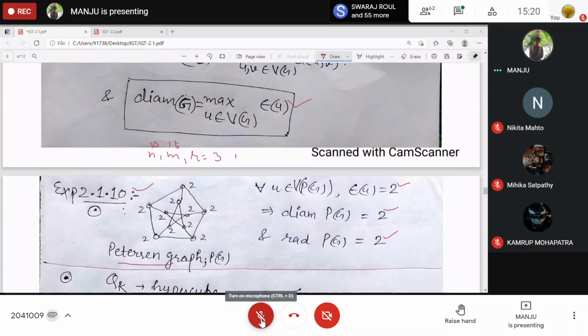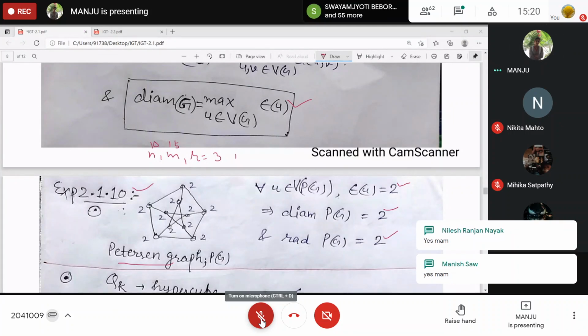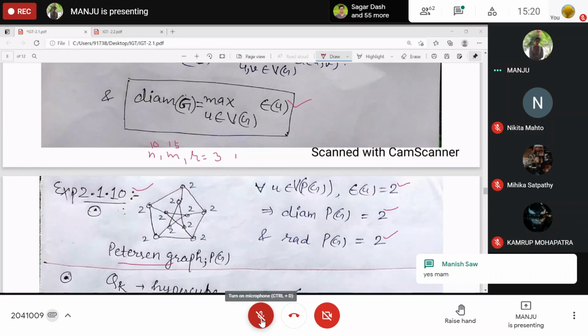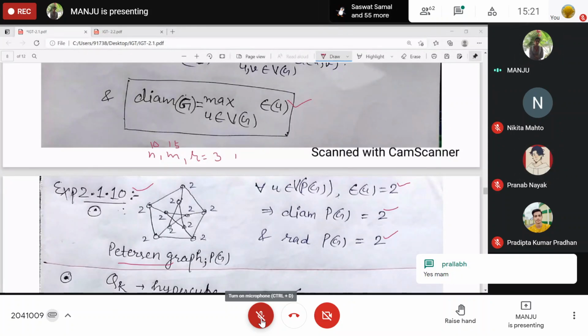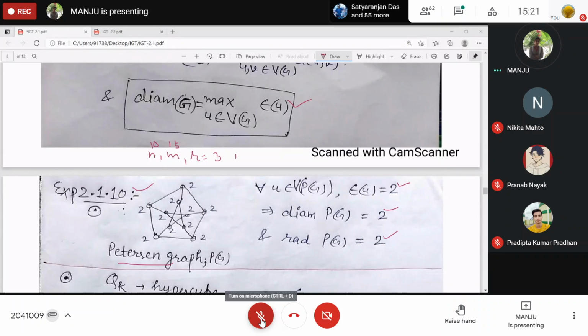Nilesh Ranjan Nayak, Isikant, Pradipta Kumar Pradhan, Pradyumna, Yes, ma'am. Pranav Nayak, Yes, ma'am. And this Pravivik Ray, or is it Pravivik? What is this? Yes, ma'am. Pravivik. Okay.